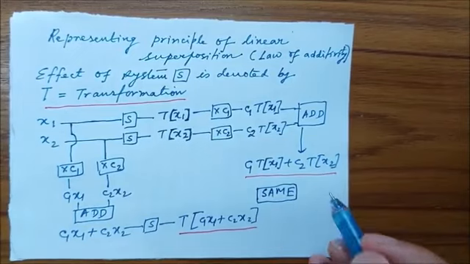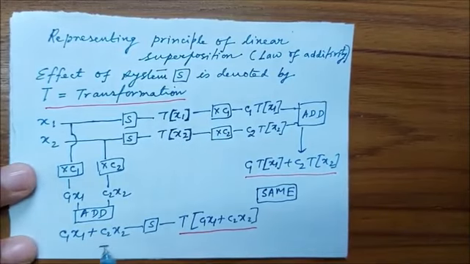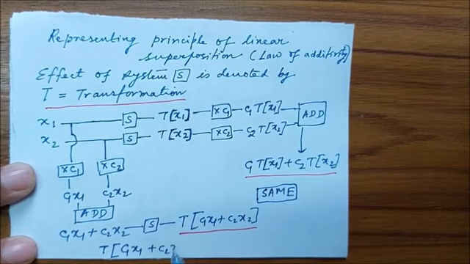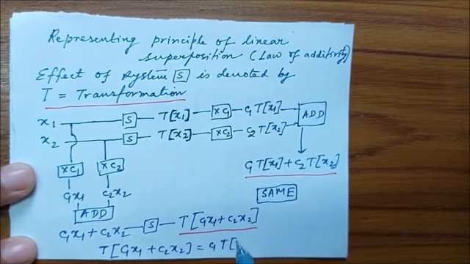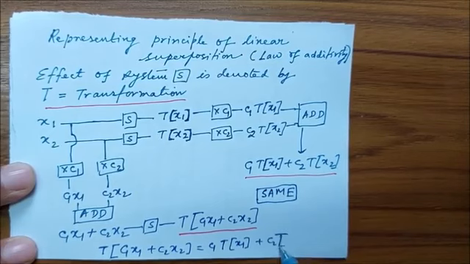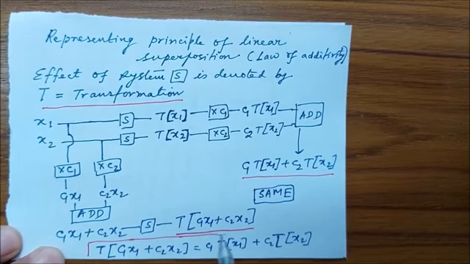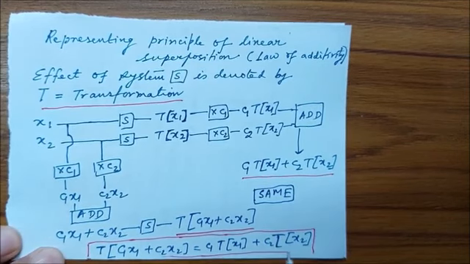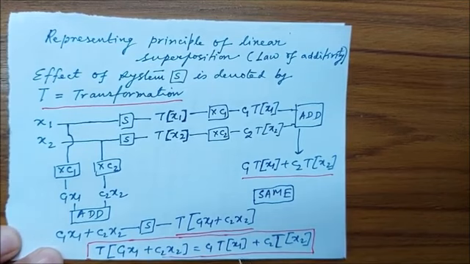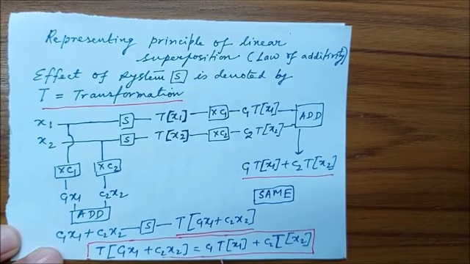And therefore, the condition can be written as, so this is the condition for linearity of a system. This is the condition for validity of the principle of linear superposition.